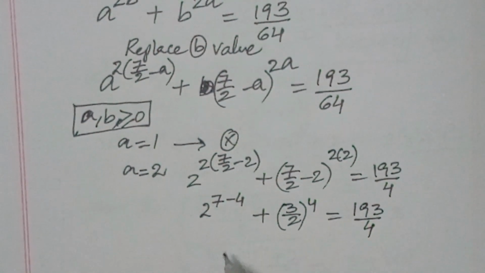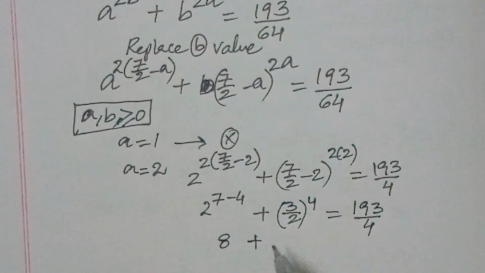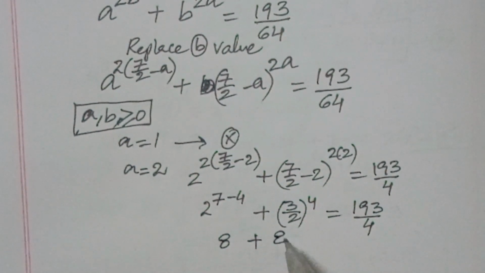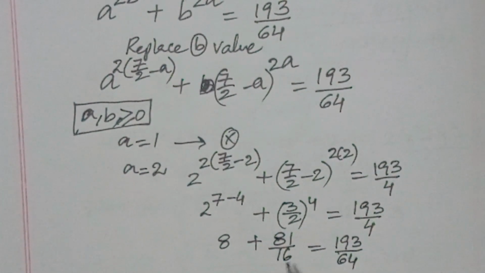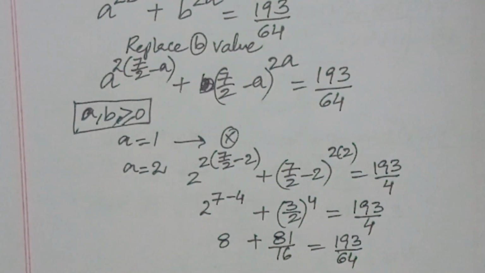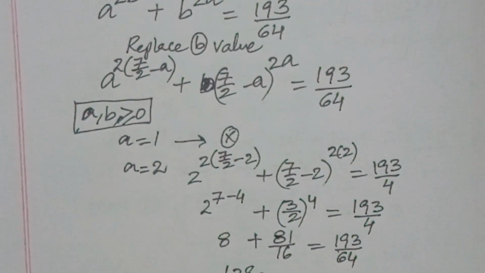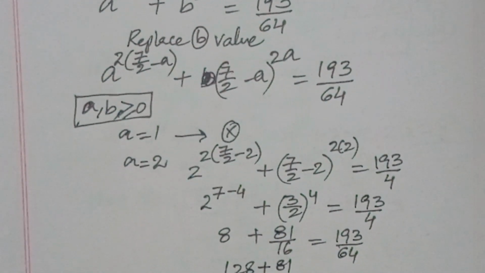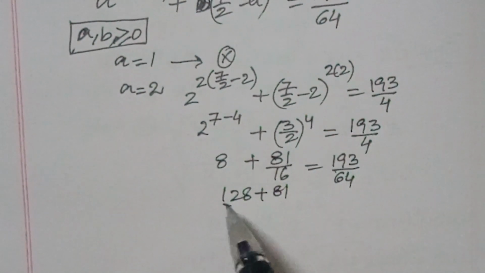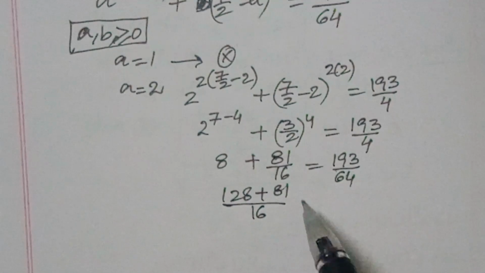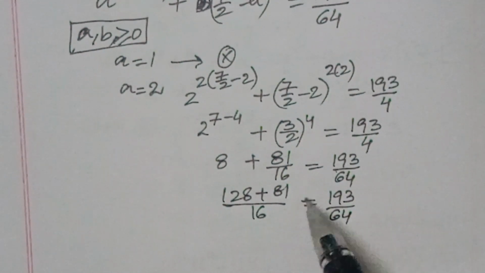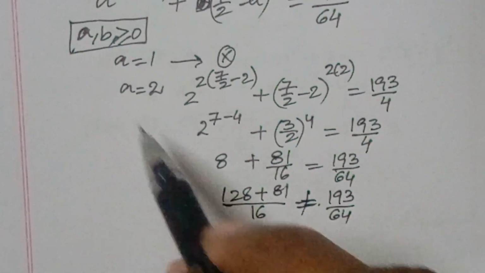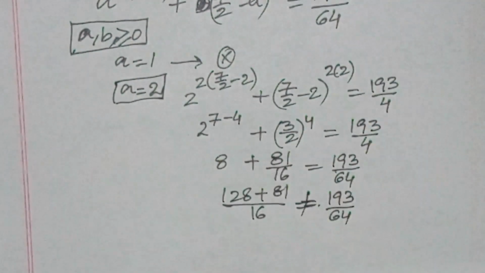So 2 to the power of 3 you'll get 8, plus 81 by 16, which is 128 plus 81 by 16, is equal to 193 by 64. So these two are not equal, so a is not equal to 2.